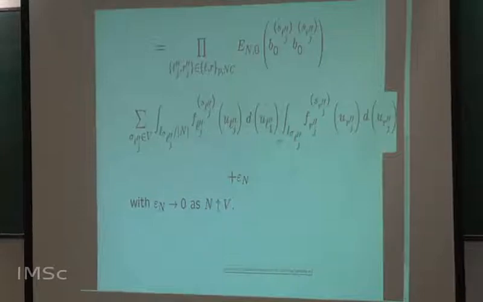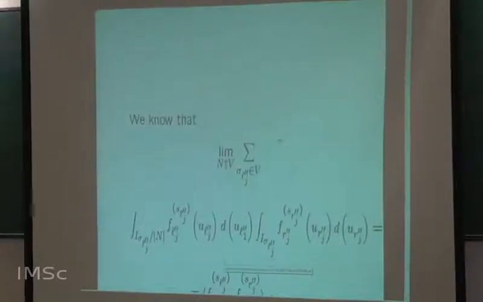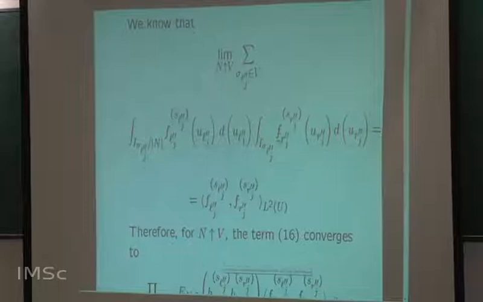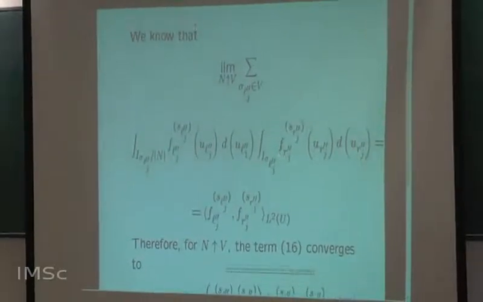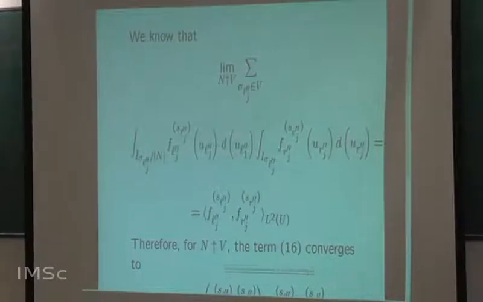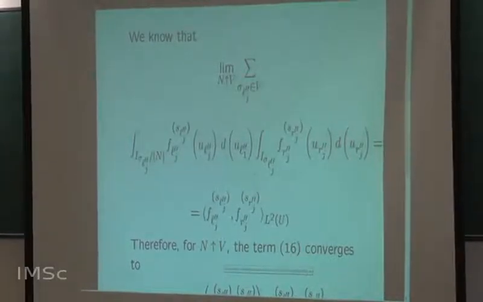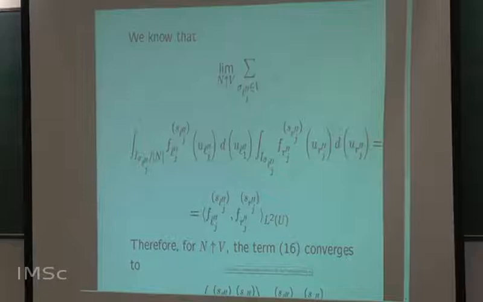But if you remember the fundamental lemma about the covariance, this was the delta function approximation. If I have this sum and this scaling, this is the scaling corresponding to the central limit theorem for continuous variables.